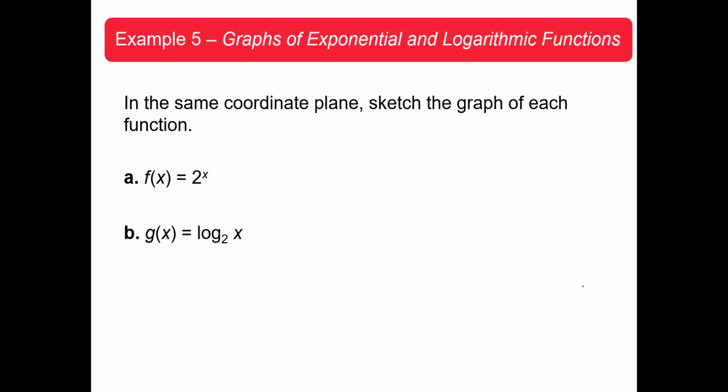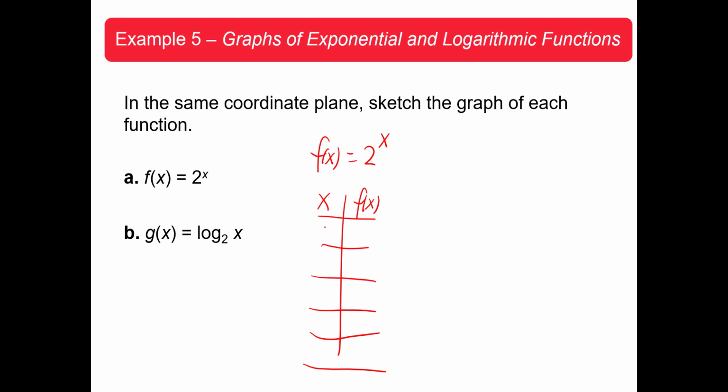Now, in the same coordinate system, sketch a graph of each function: f of x equals 2 to the x, and g of x equals log base 2 of x. We start with f of x equals 2 to the x, which we already talked about earlier from the slide. Come up with five ordered pairs, starting with x equal to -2, -1, 0, 1, 2, and from here we can find the y values.